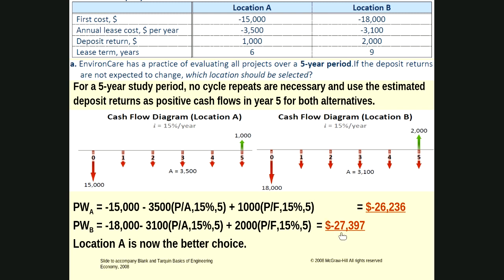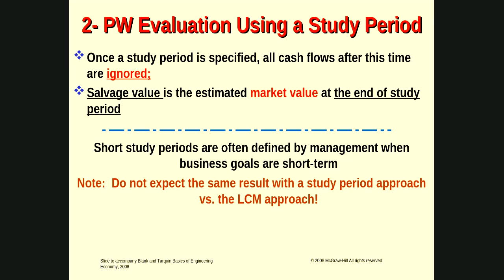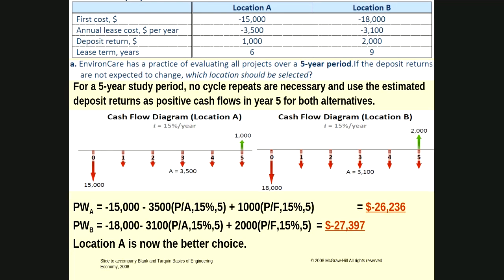Now PA and PB were calculated to be about minus 26,000 and minus 27,000 for A and B, and in this case we will go for location A, even though the LCM was for B. And the note tells you, don't expect the same result, because the LCM works with smaller periods and is more accurate compared to the study period.